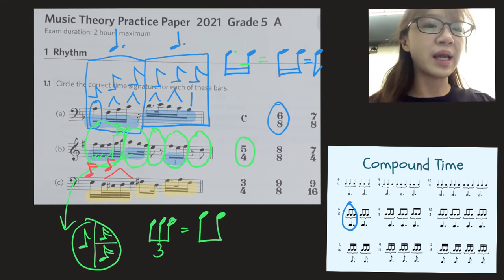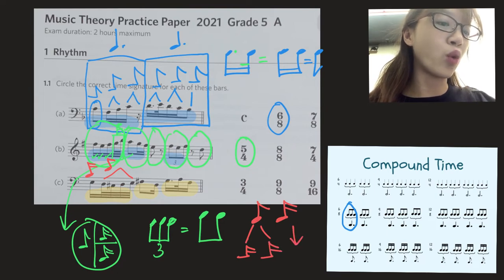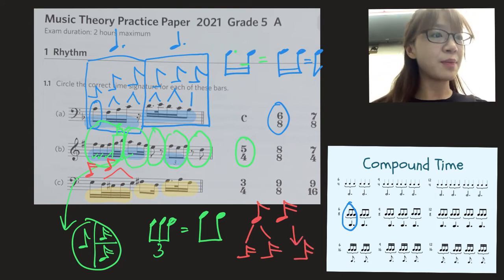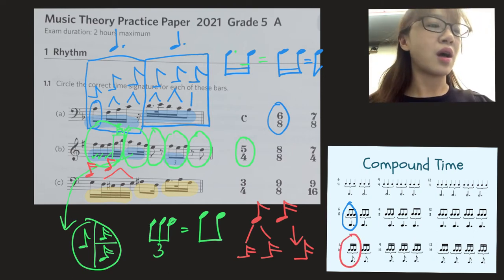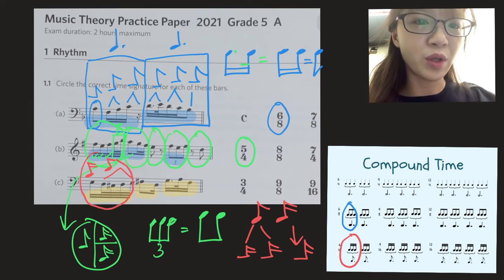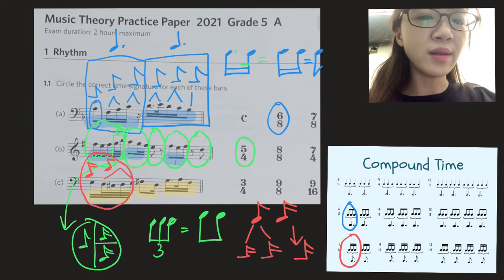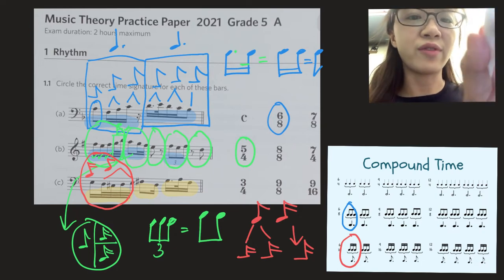How is the grouping like 1 quaver and 2 semiquavers? Perhaps you have to split this into another 2 semiquavers to make it equal. 3 semiquavers give you 1 dotted quaver. So this is 1 dotted quaver. Continue. 1 quaver and 1 semiquaver. It's like this, 1 quaver and 1 semiquaver. This gives you another dotted quaver.